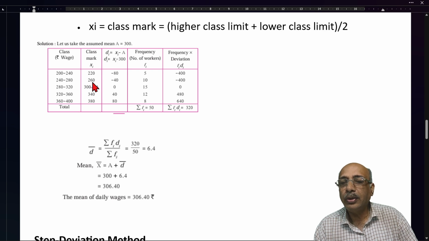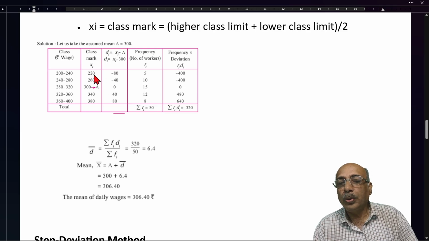So 260 minus 300 will be minus 40. 220 minus 300 will be minus 80. Down if we come, 340 minus 300 will be 40. 380 minus 300, again it will be 80.